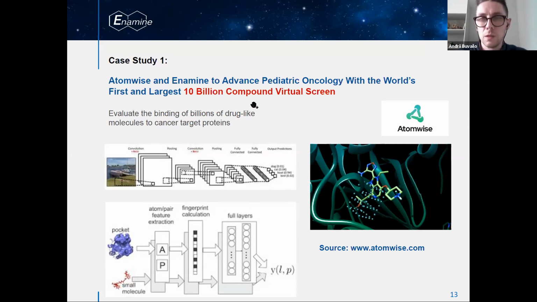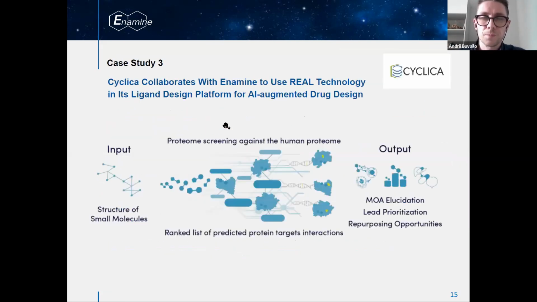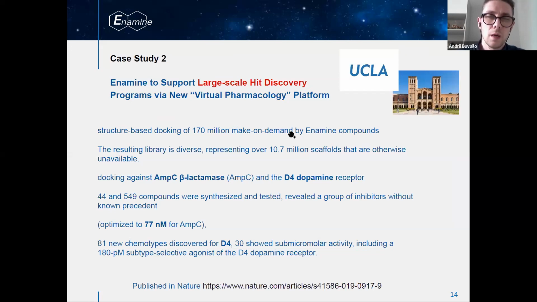Again, 10 billion compounds, something that is impossible to be modeled or screened by other techniques, I guess. So the case study was, I guess, in 2018, and the results were published in Nature.